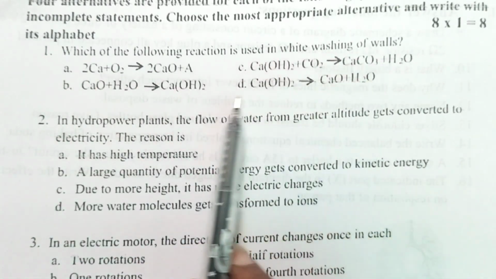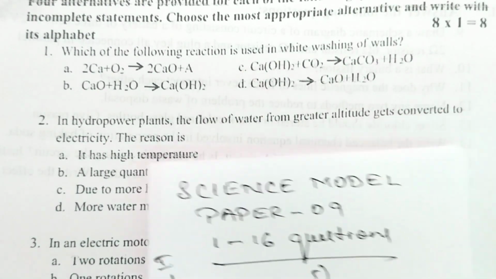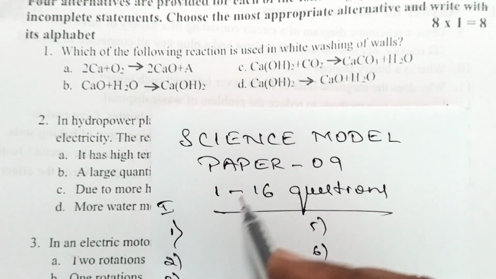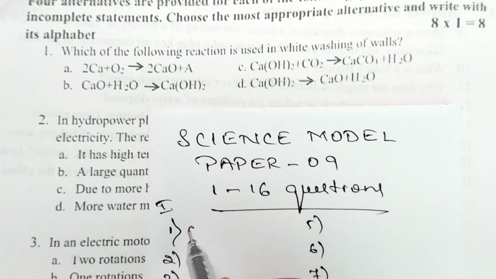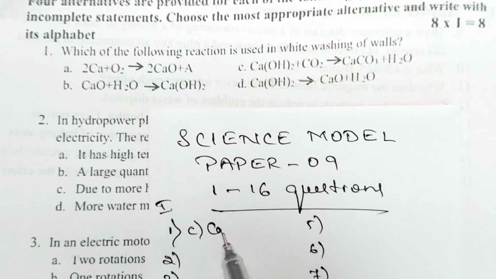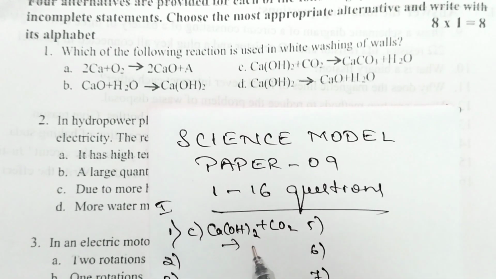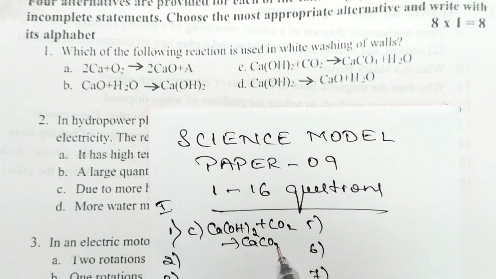Among these four options, the right answer for the first question is option C. That is Ca(OH)2 plus CO2 gives rise to CaCO3 plus H2O.